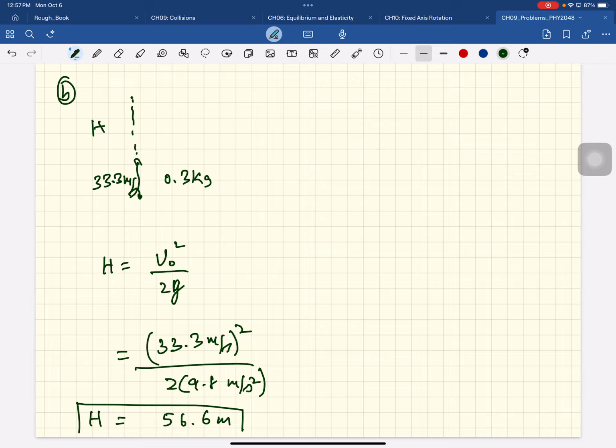This is roughly the height of the tallest building in the area on the beach. 56 meters is, well, 3/4 of a football field length.